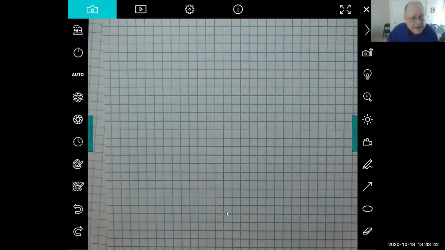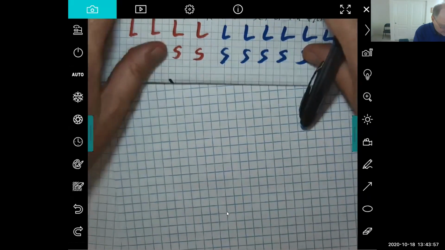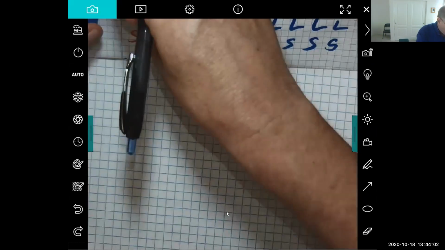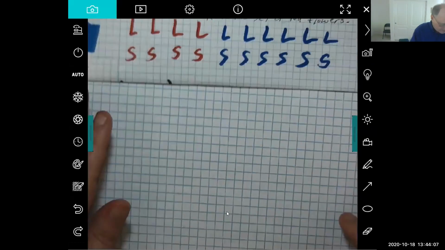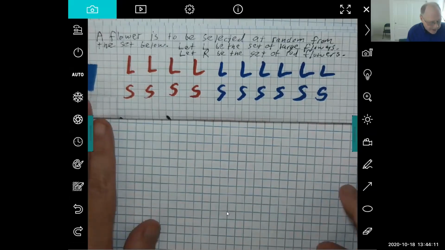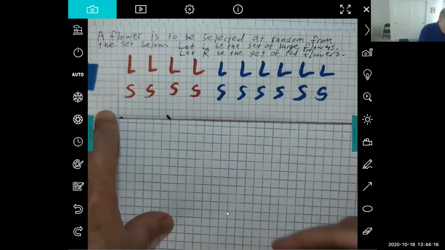So what I want to do next is the law of unions. And we'll stick with our story about the flowers. So I want to do what's the probability? Well, first let me just talk about the sizes of these sets.